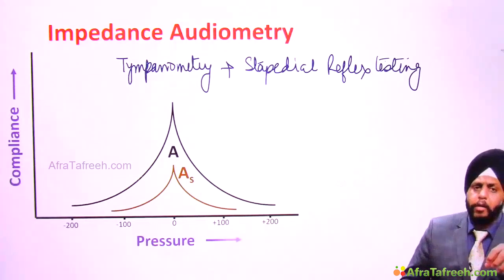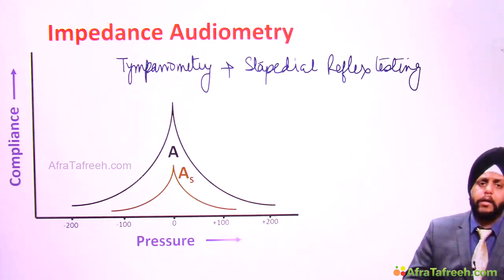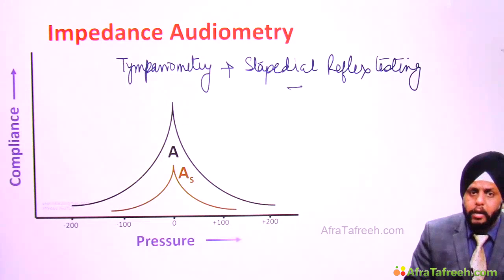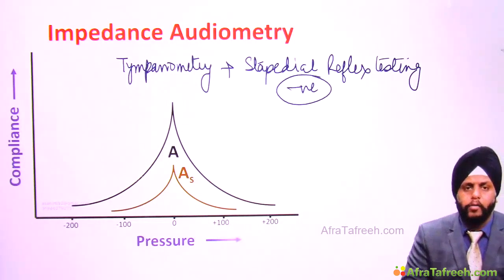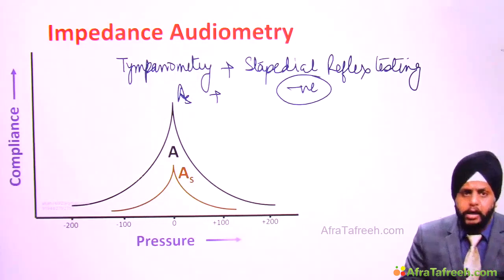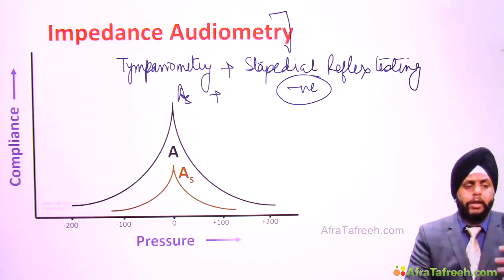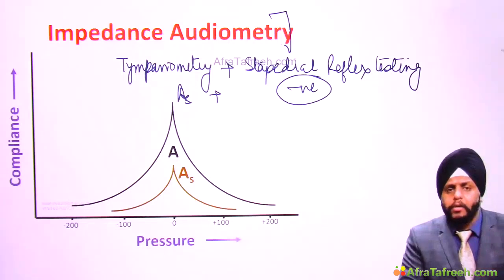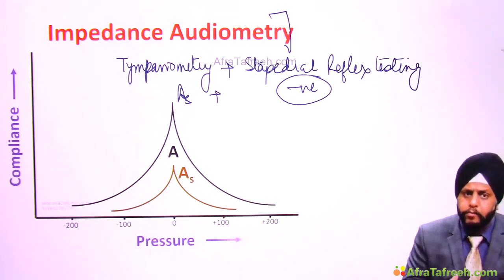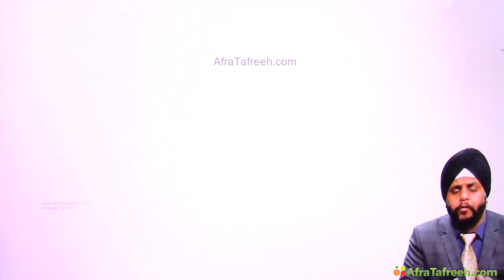The stapedius cannot even contract because the stapes is fixed, so the stapedial reflex will be negative. Tympanometry shows an AS curve and the stapedial reflex is negative. Together, these are known as impedance audiometry. With this, you can confirm that the patient has otosclerosis, the stapes is fixed. Now you have confirmed the case of otosclerosis.